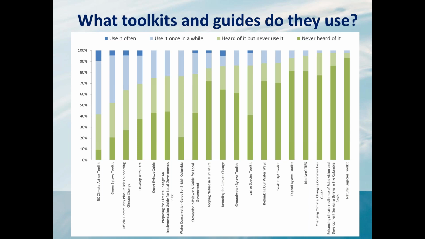So you can see that for most people the toolkits were not well known or well used, which is what we suspected. We also had an open-ended question asking, do you use any other toolkits or guides not listed above? We got some good feedback there, and that helped us find documents that we weren't aware of either.